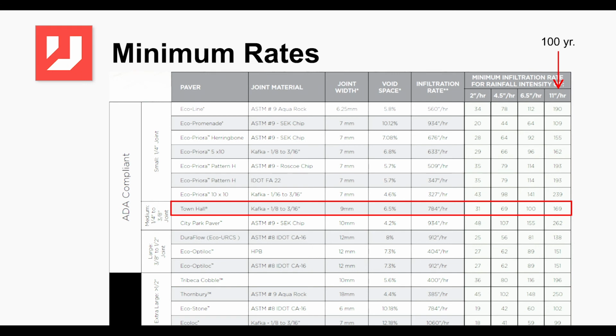If we look at the 10-year rainfall event for that 5-minute intensity, the minimum amount of water that needs to flow through is 100 inches per hour. If that infiltration rate drops below 100 inches per hour, you're going to start to generate runoff to other areas. So this is why knowing the infiltration rate is very important.